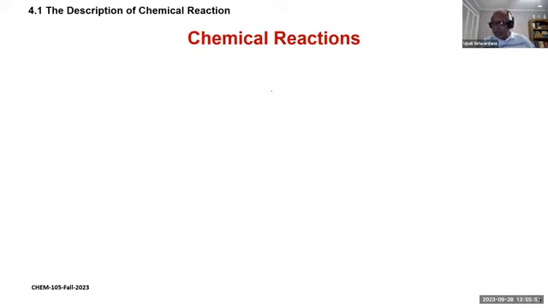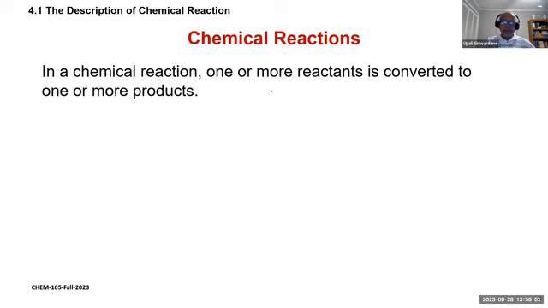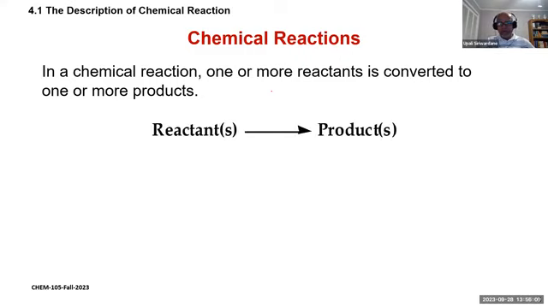Now let's talk about chemical reactions. In a chemical reaction, one or more reactants are converted to one or more products. Reactants are found on the left side of the chemical reaction, products are found on the right side of the equation.